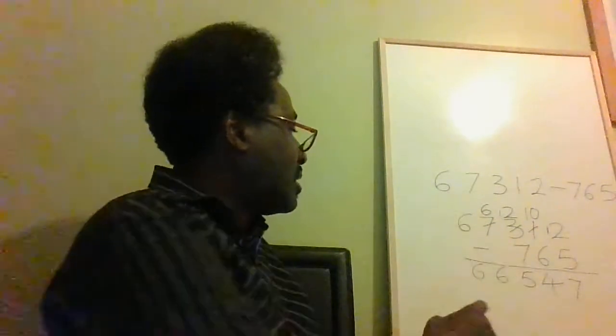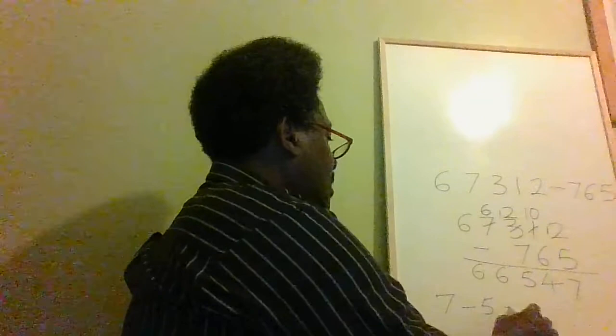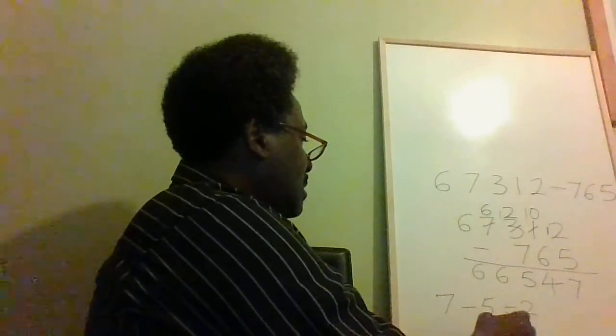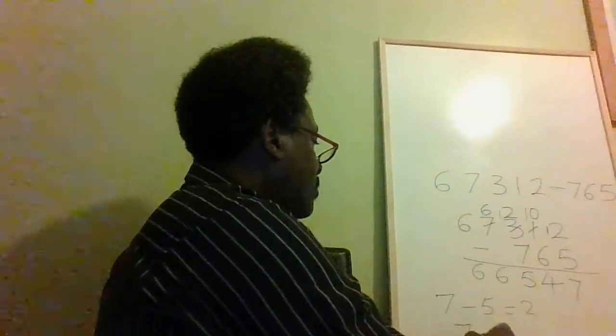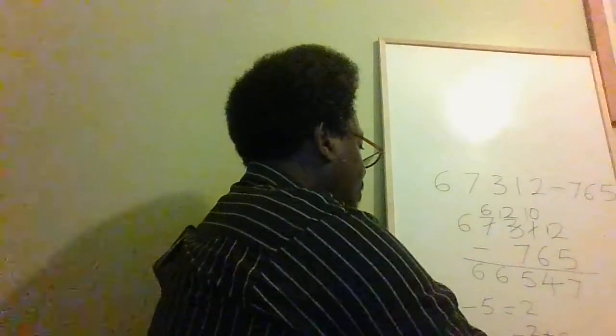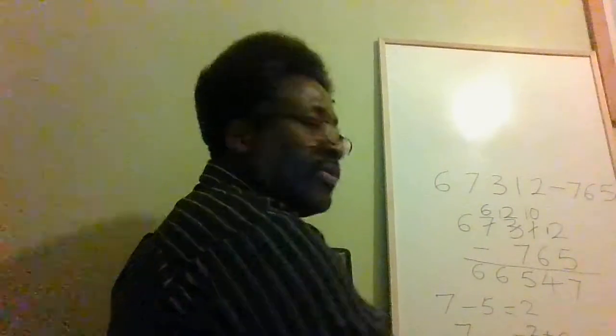Let's look at a simple example. 7 take away 5 equals 2. Can you see that 7 is the same as 2 plus 5?